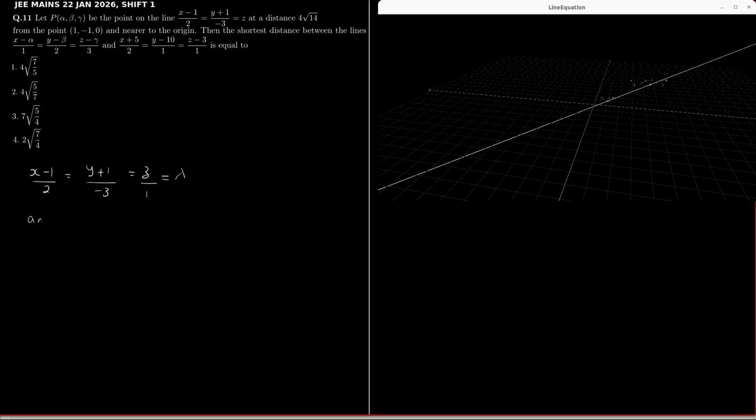So any point on the line will be (2 lambda plus 1, minus 3 lambda minus 1, lambda). So let P (alpha, beta, gamma) be this one.